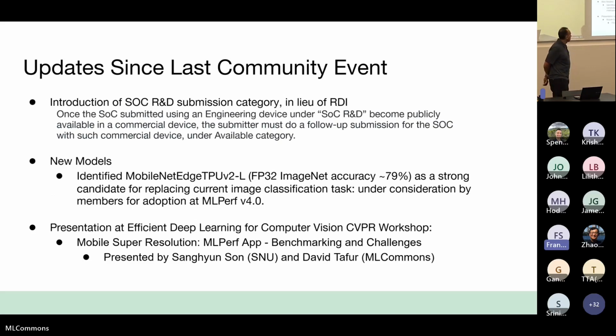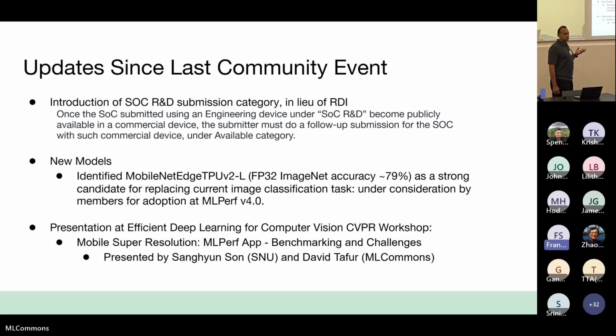The other thing is unique to the mobile working group because we have a release of SOCs from the SOC vendors, but they don't have control over the whole pipeline. For example, OEMs will release a phone and they may not be in sync with the submission timeline. So we introduced what's called SOC R&D.